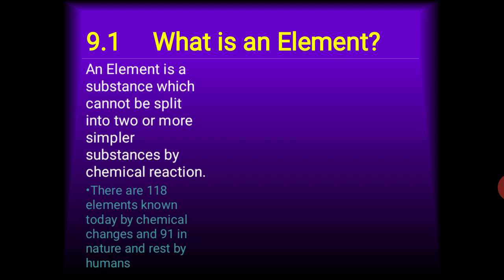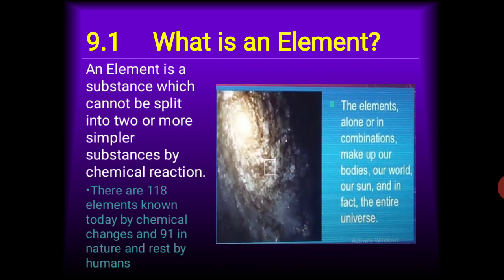There are 118 elements known today, 91 in nature and the rest made by humans. Well, a single element cannot do anything. All elements combine to form our body, the world, the entire universe depends upon the elements.